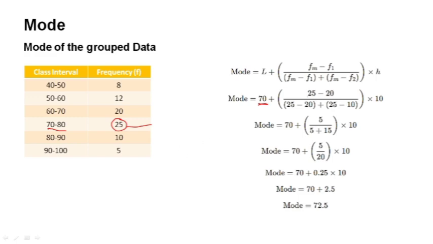So the frequency of the modal class, 25, minus the frequency of the class just preceding the modal class. That is the class 60 to 70, whose frequency is 20.